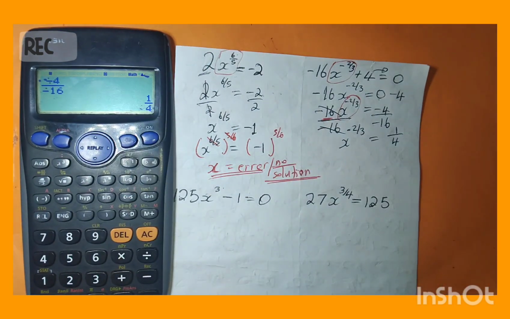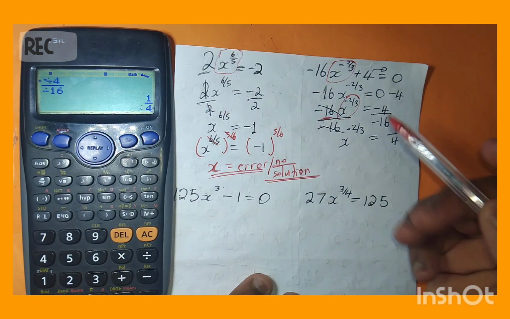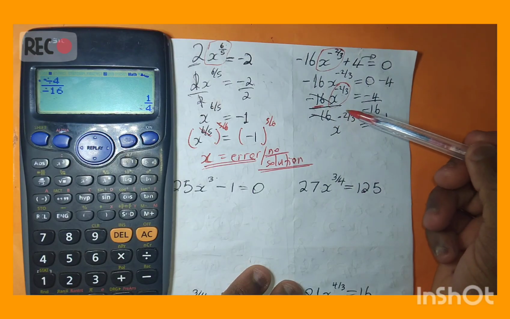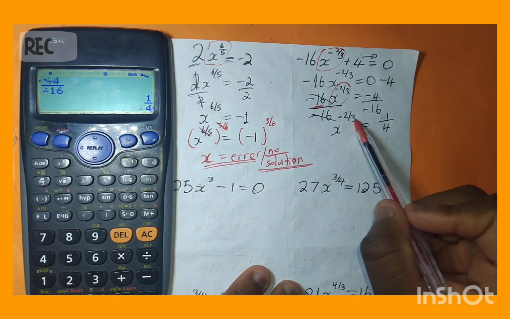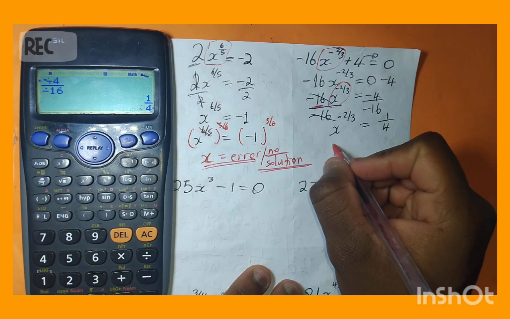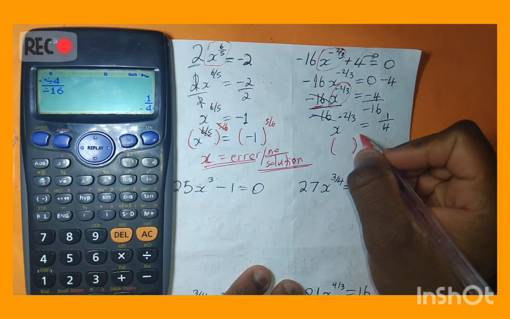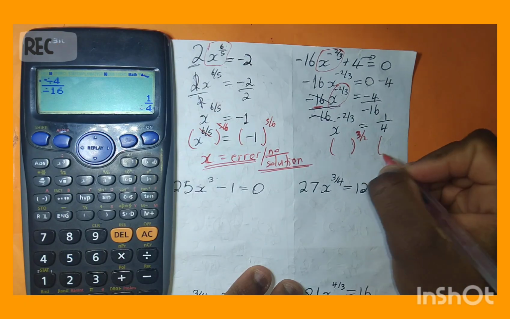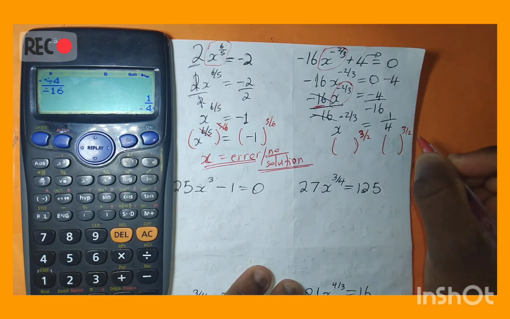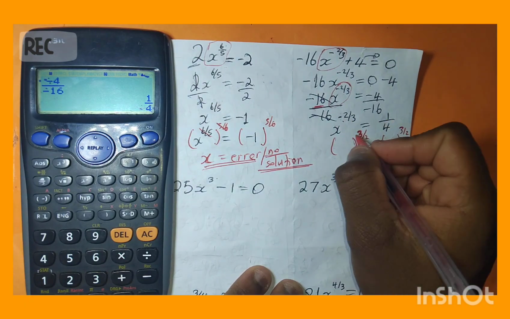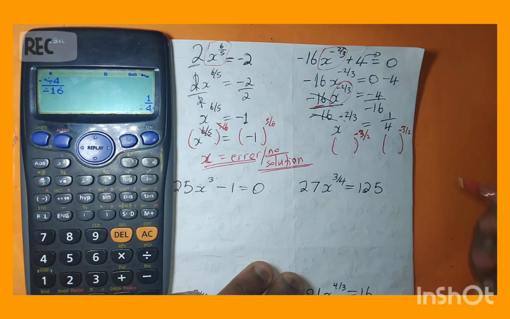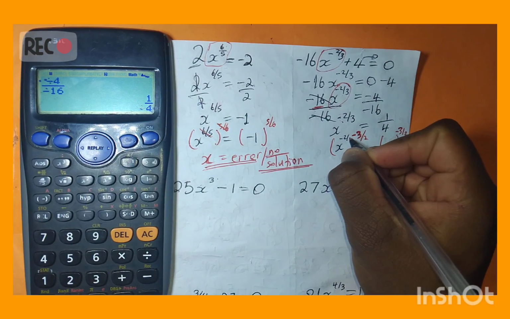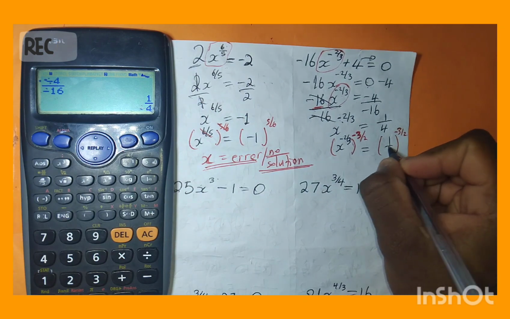And now what I will do, guys, in this case, since this thing is alone, if I have a base which has an exponent fraction, for me to remove that exponent fraction, I can take its inverse, both sides, -3/2. It's the reciprocal, -3/2. But because it has a negative, it means that I should just put that negative. But all of the other things there are right the way they are. It's x equal to 1/4.